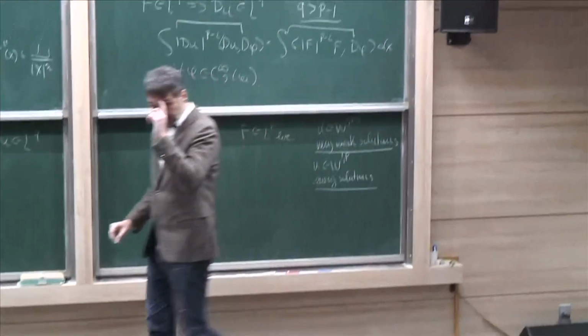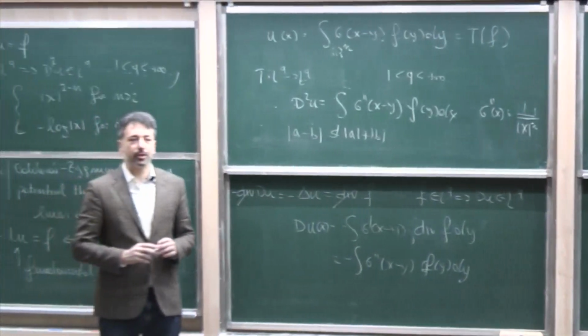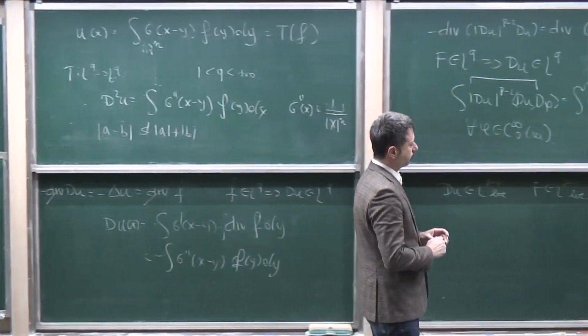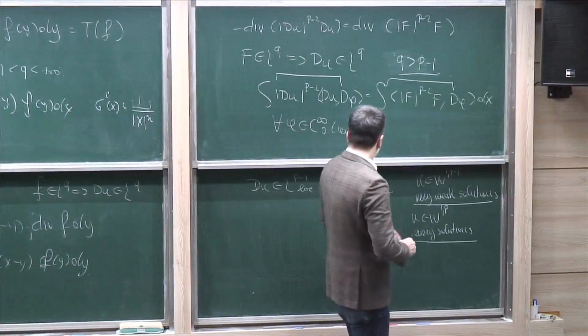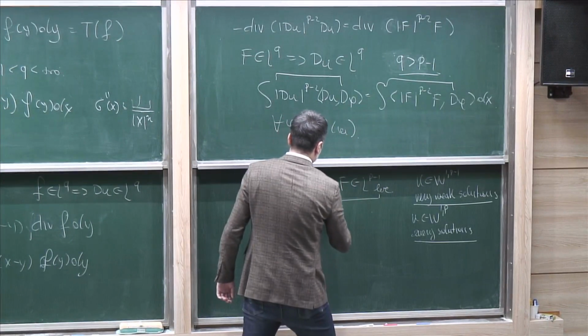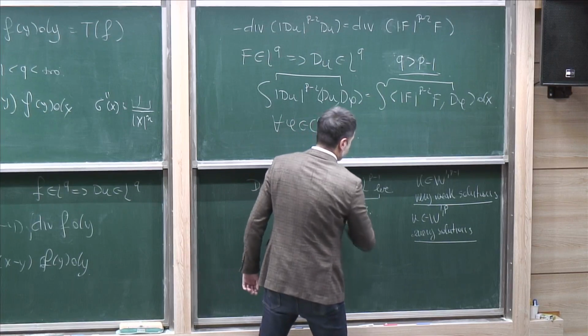It is very important to distinguish between the two types of solutions, because while for energy solutions the situation is well clarified, and of course let me point out that I'm now looking for local estimates, for very weak solutions the situation is not well clarified.